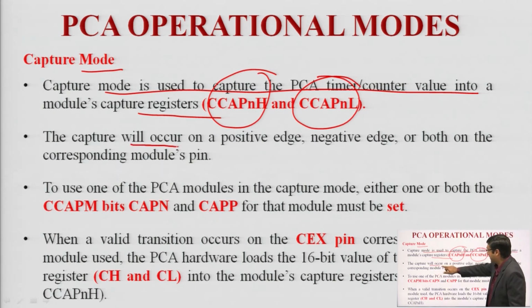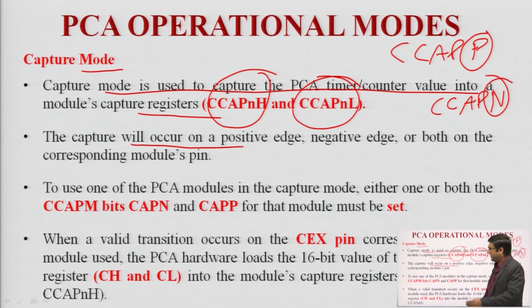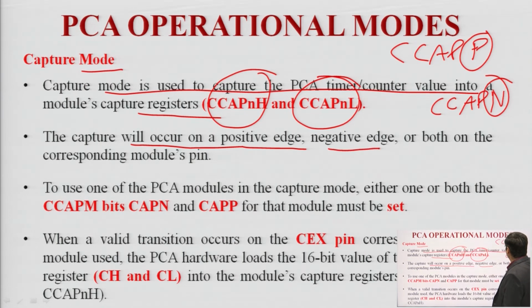We have seen the function of CAPP and CAPN. P represents the positive edge, and similarly N represents the negative edge. So the transition occurs on the positive edge or negative edge or both, and for both the value of this particular register is 1 1. We have seen this in the previous slide.